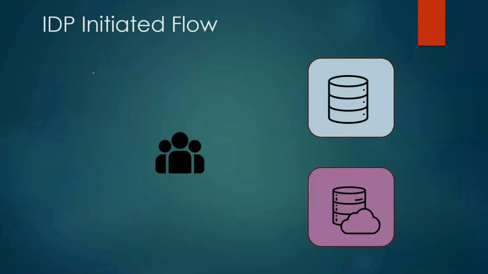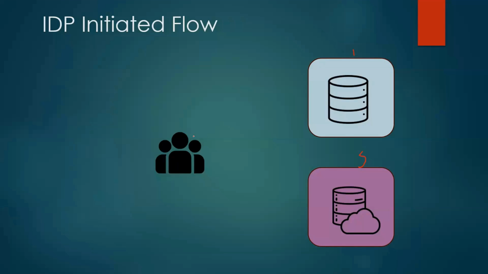Starting point. Okay. So if I'm saying this is the IDP, this is the SP. Now, again, this is dependent on the application. And sometimes as consultants or an organization, we can dictate what we want to implement. But this is purely based on use cases, which flow to choose.